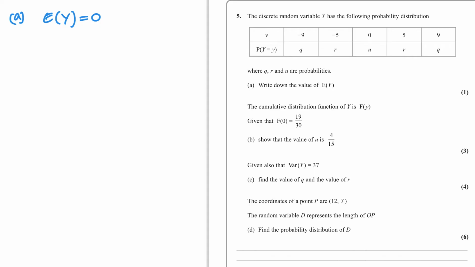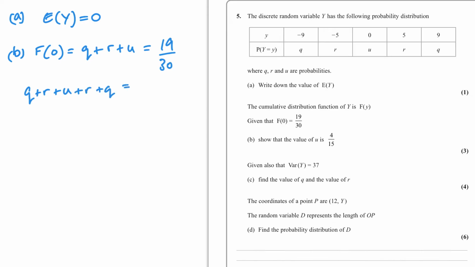Okay, so part B, we've got f of 0, and this is q plus r plus u, and that is equal to 19/30. We also know that q plus r plus u plus r plus q is equal to 1.